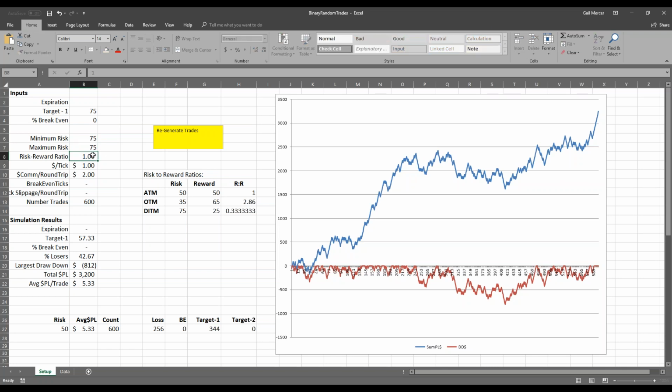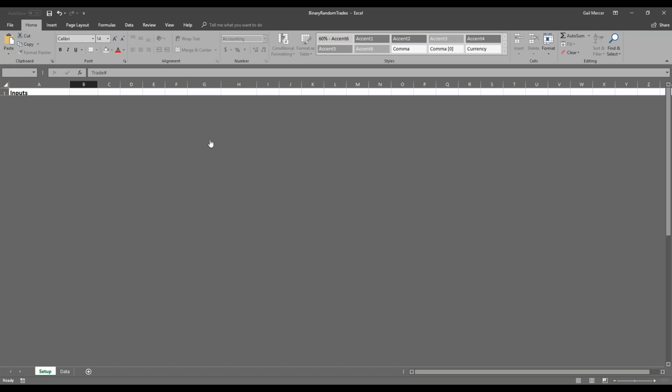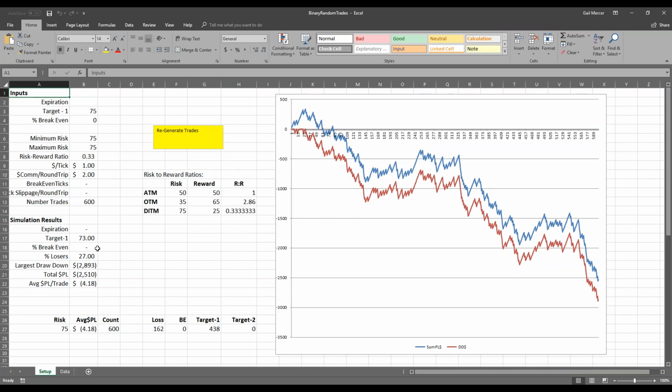Instead of a 1-to-1, we're going to do the 0.33. If we regenerate the trades at 73%, do you see how you're underwater?